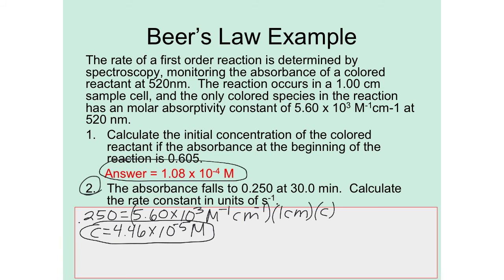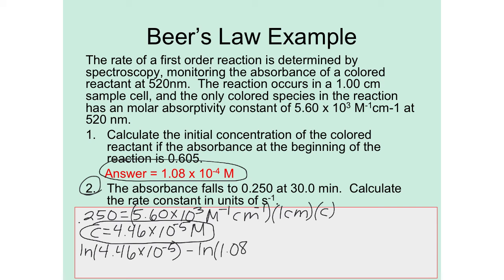So once we have those, then we can plug everything into the natural log equation. Now remember that's the natural log of the concentration of A at time t. So that would be this new 4.46 times 10 to the negative fifth minus the natural log of the concentration of A originally.